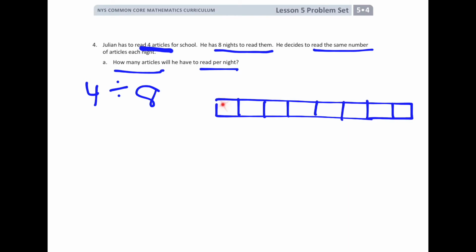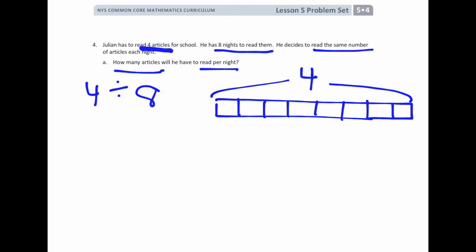Let me double check. 1, 2, 3, 4, 5, 6, 7, 8. Perfect. And the first number tells us how many we have in total, what it all equals to. So these 8 components all equal 4.